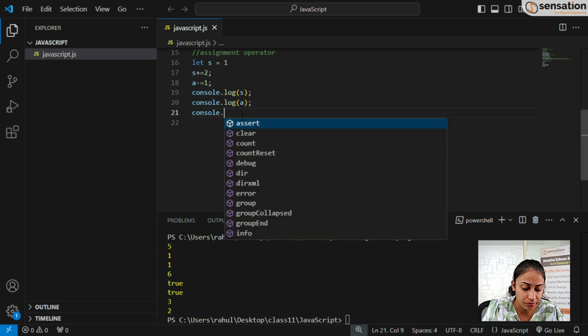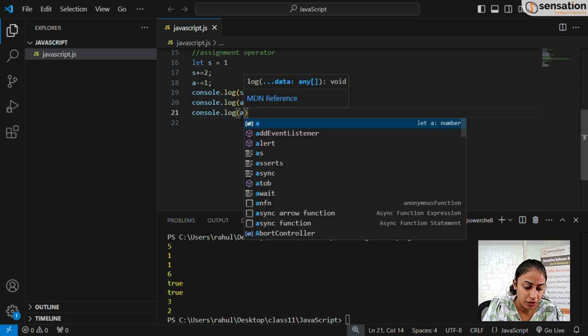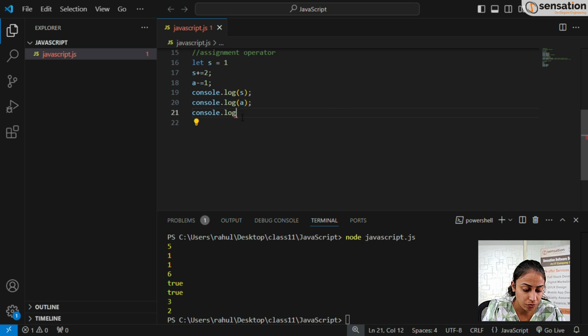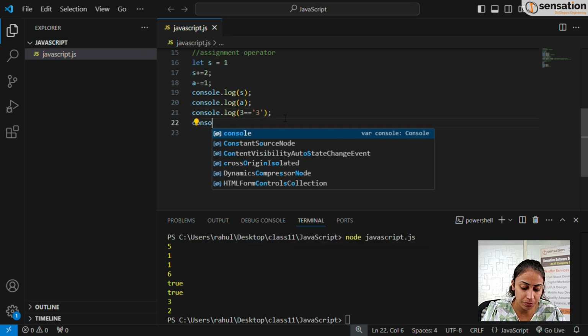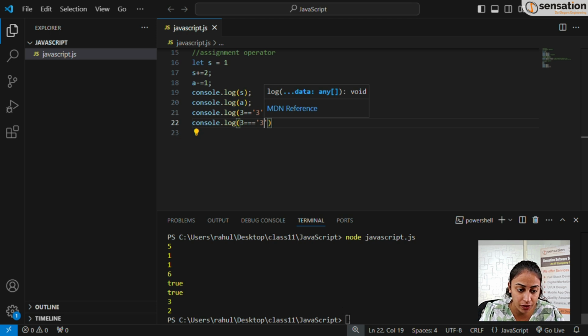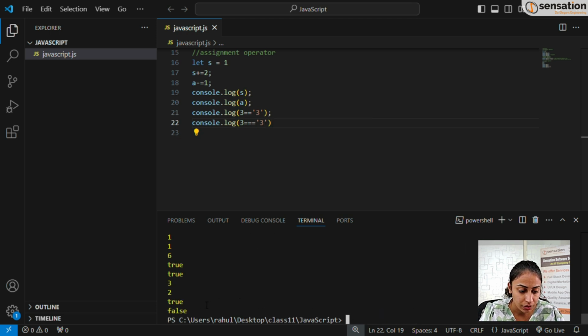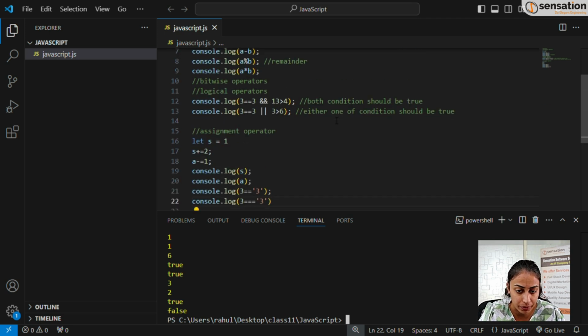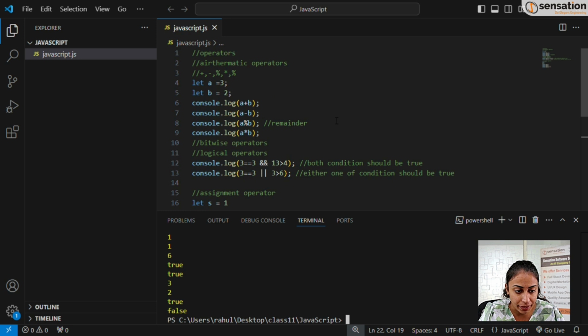Like console.log 3 equals 3 checks whether the value is the same. At the same time, console.log 3 triple equals checks whether the value and the data type are the same. So the first is true and the second one is false. Both have the same values but different data types, a string and a number.